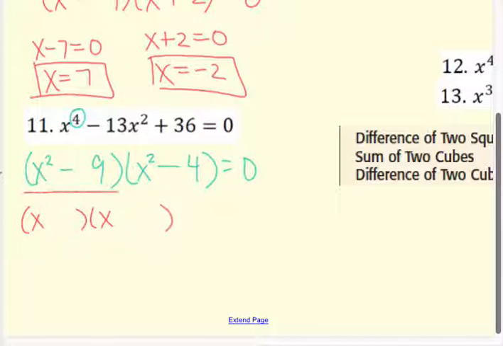So this first part, the square root of x squared is x, the square root of 9 is 3, so I have a plus and a minus. And then if I look at my second part, the square root of x squared is x, the square root of 4 is 2, and there's always a plus and a minus. And now I go ahead and solve. I set each part equal to 0 and solve.